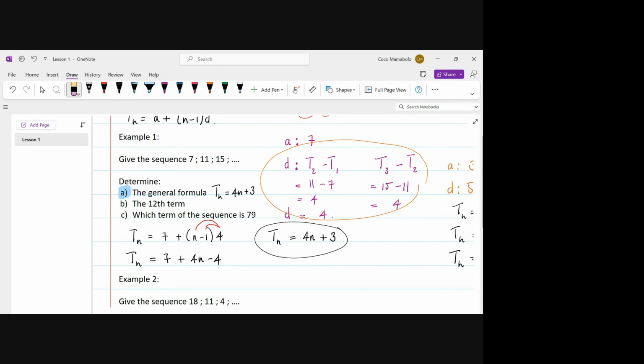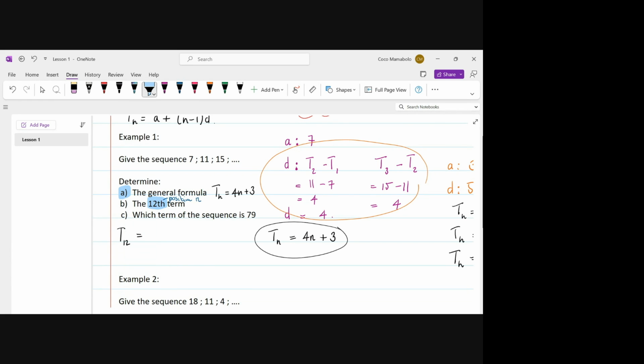Now, the question says, determine the 12th term. When they say the 12th term, they are actually asking us for the number in position 12. And I know that if I'm looking for a number in a position, I can say T12. T12 will equal something.